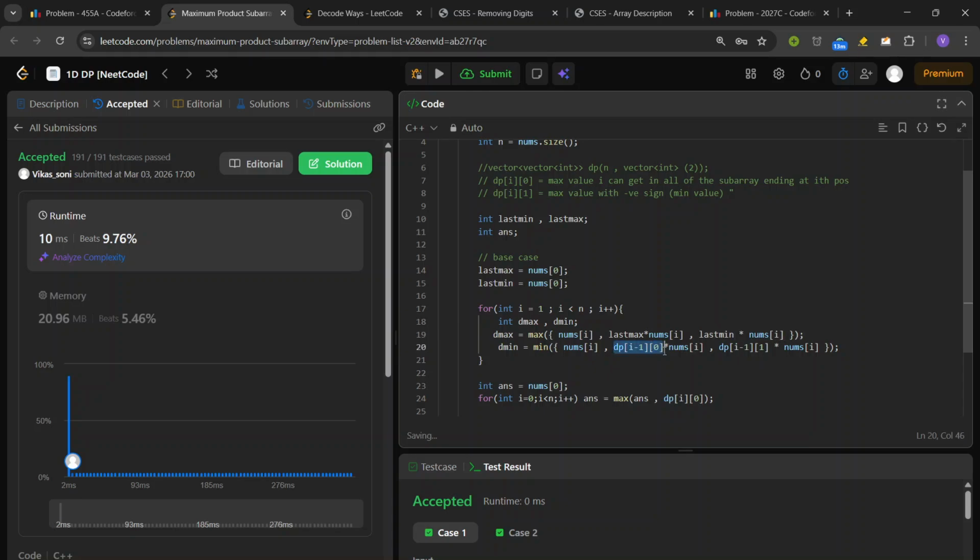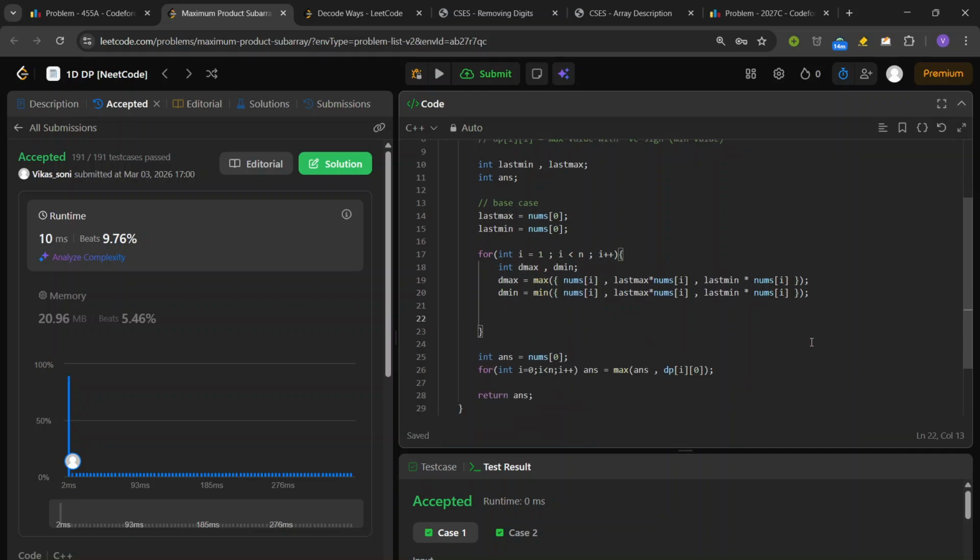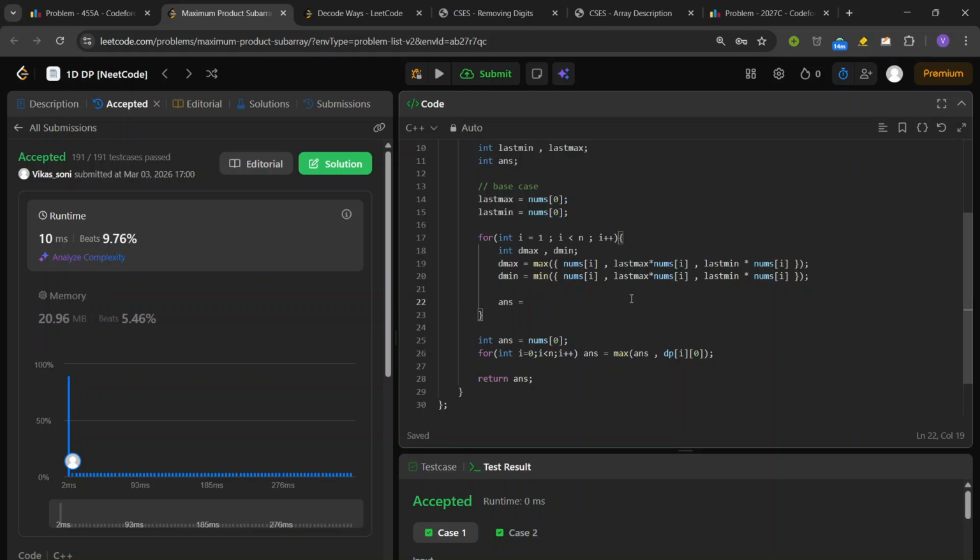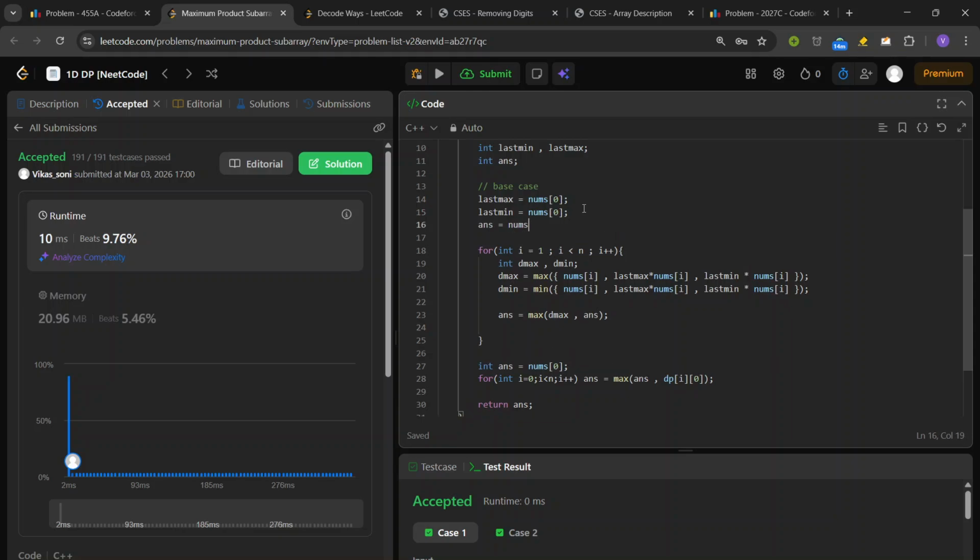I will do that here also, last max and last min. I hope that is correct. And now answer is equal to the maximum of this d max and answer. Again here answer is equal to, let's say, nums of 0.